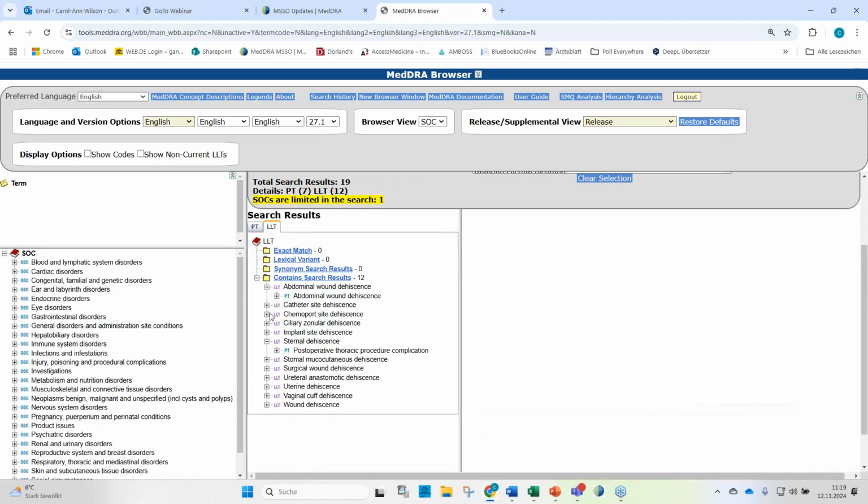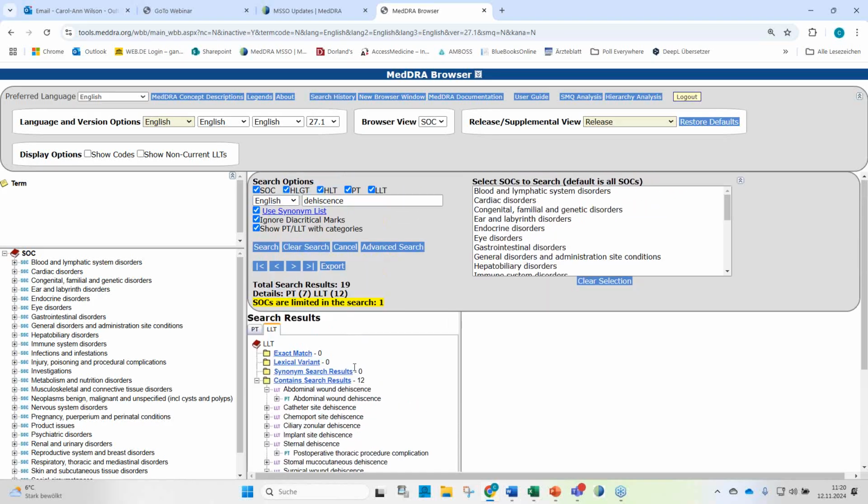We have the chemo port site dehiscence terms. Here's the surgical wound dehiscence that we saw also grouped. It's grouped under wound dehiscence, and then some that are more specific, indicating vaginal cuff, uterine, ureteral, and here's the wound dehiscence that we also saw in the poll.